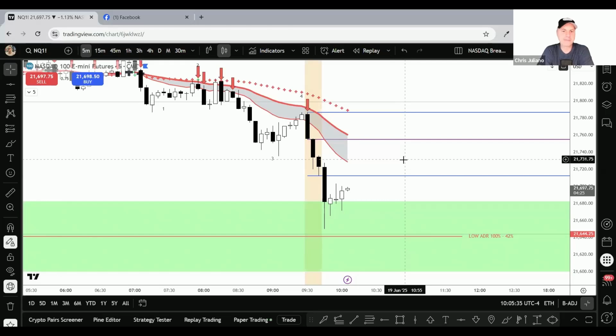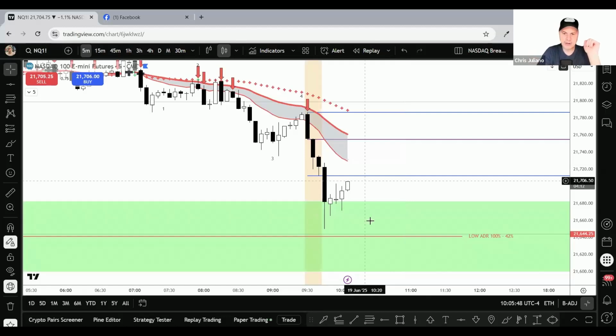Supply and demand is an imbalance between buyers and sellers. Support and resistance is more mass psychology, like looking at the TrendCloud, which is moving averages, or ADR checkpoint. That's another support and resistance component. But the actual supply and demand is an imbalance between buyers and sellers.